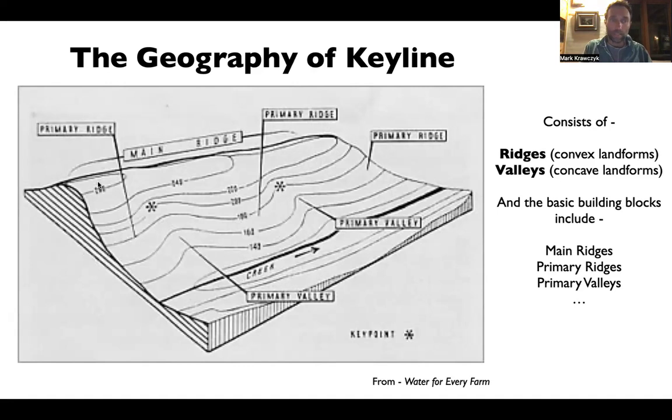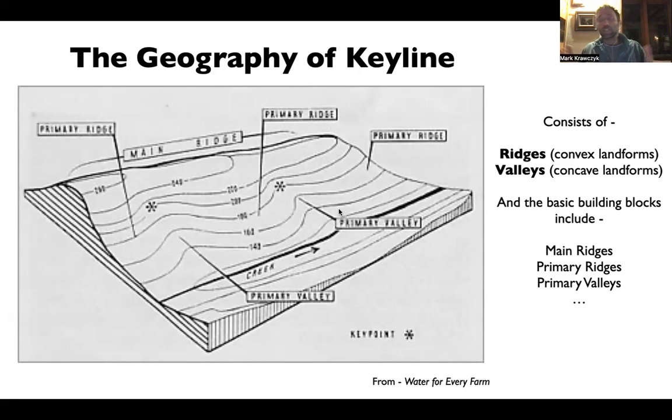We see that in this grainy illustration here from Water for Every Farm. And then just like our fingers radiating off of that ridge of metaphorical knuckles, we have primary ridges that are intercepted with primary valleys between. And so literally it is like a series of fingers across the landscape that create that undulating pattern of water collection, drainage, distribution.